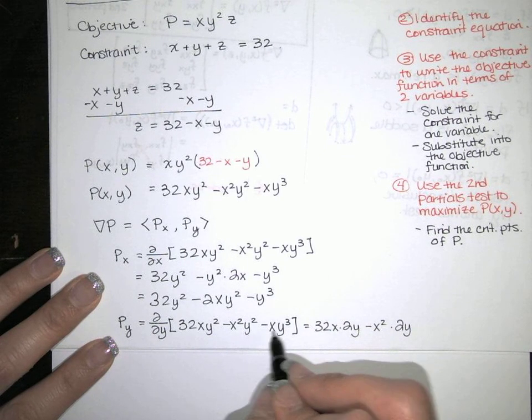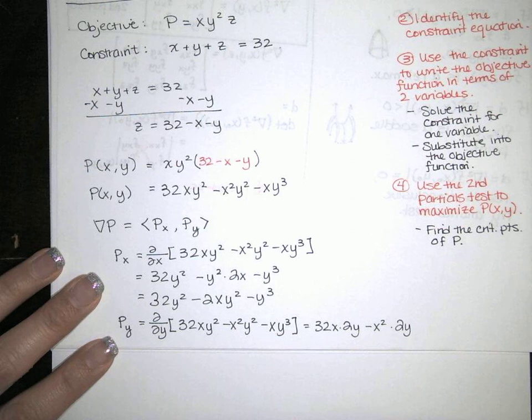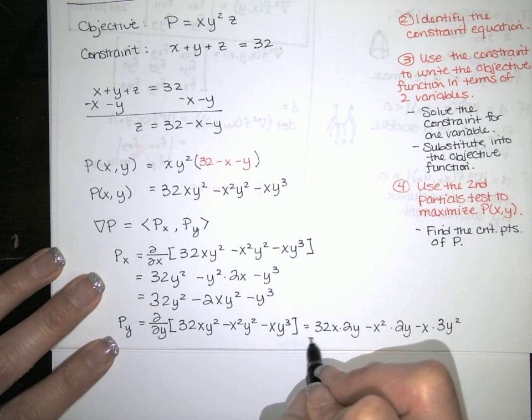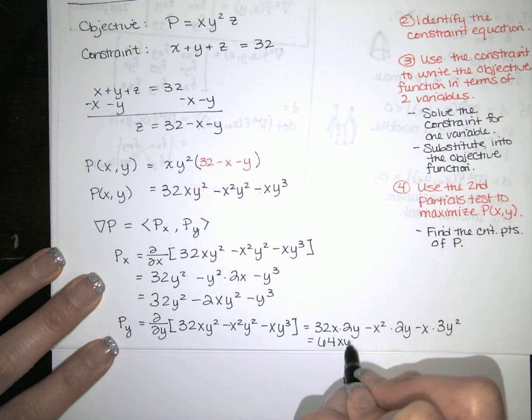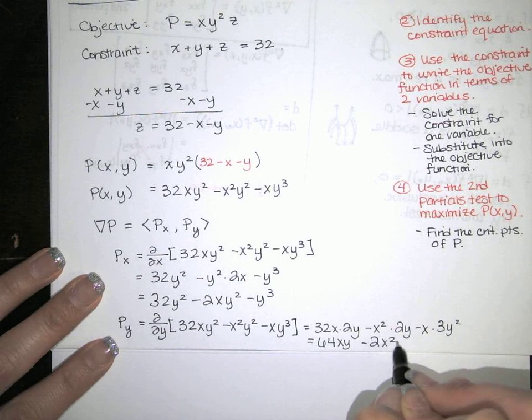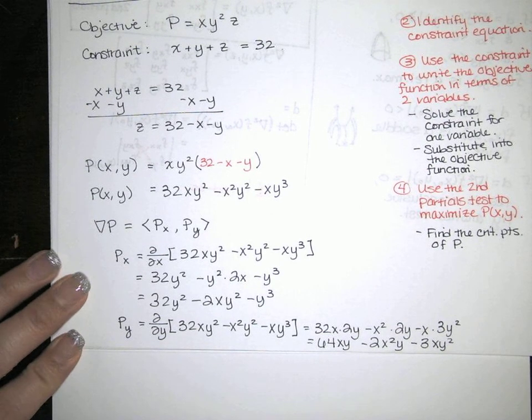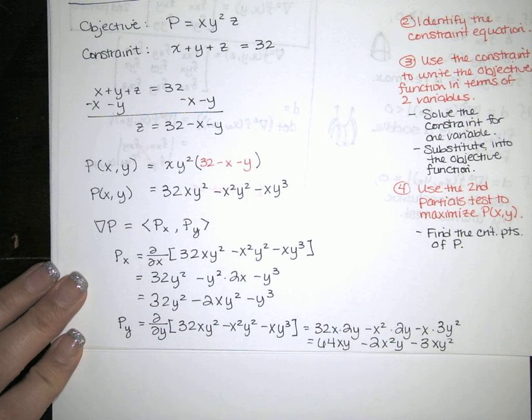And then for xy cubed, that x is treated as a constant. When we take a partial derivative, we bring our constant down, and we take the derivative of y cubed with respect to y, that's 3y squared. So we get 64xy minus 2x squared y minus 3xy squared. And that's our partial with respect to y.